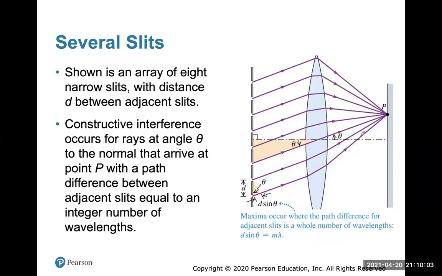If the path differences are integer wavelengths, now this is a picture with the lens put in so that we don't have to show the whole geometry, but basically the situation is the same as when we were talking about two-slit interference.